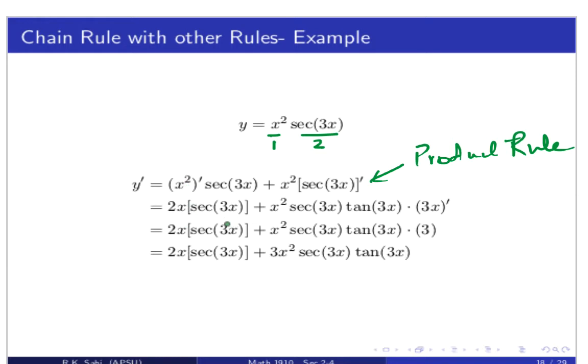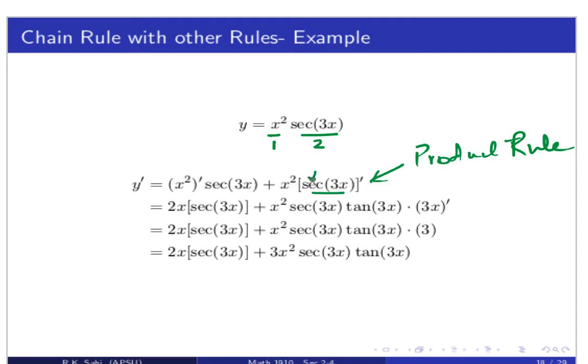Now look, I'm very careful with my parentheses because this 2x is multiplied to the whole secant 3x function. That's why I am using my brackets or parentheses very, very carefully so that I don't make mistakes. The next one is x squared times the derivative of secant 3x. Hopefully you are becoming more comfortable.